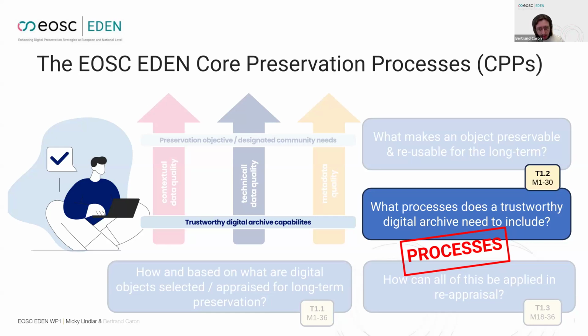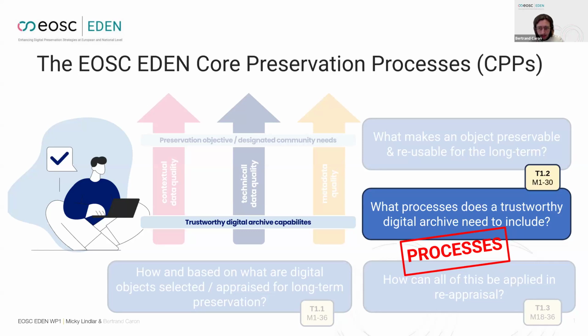So maybe it's important to say also that this outcome was initially essentially a milestone, an internal result that was meant to be handed to other work packages, in particular Work Package 2 for implementation and tools.